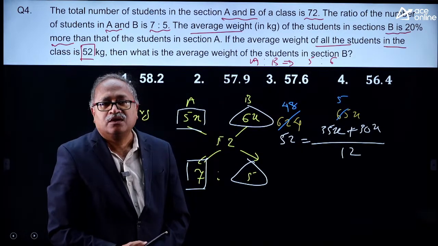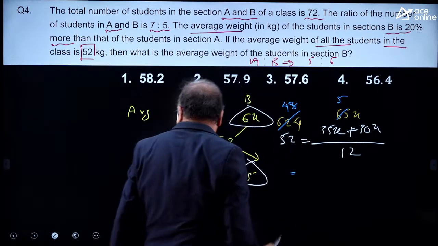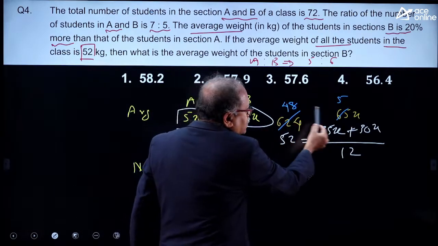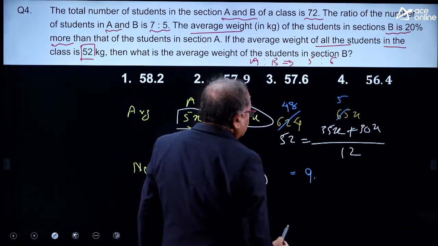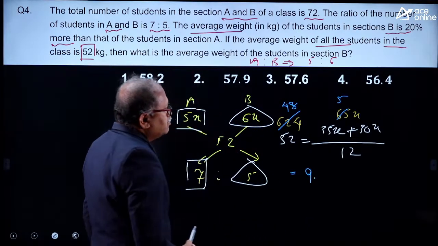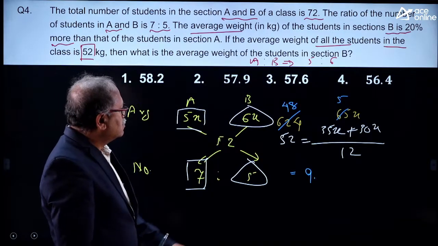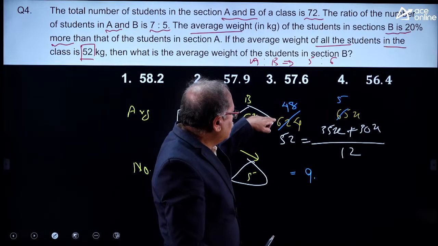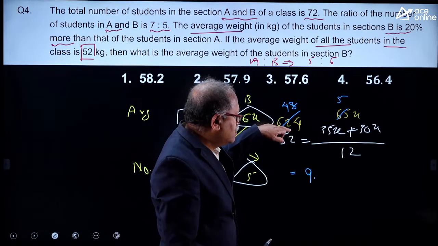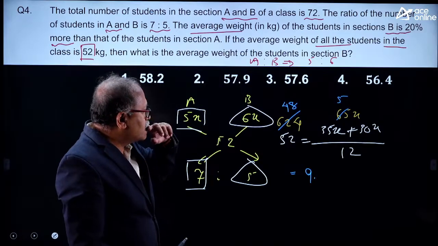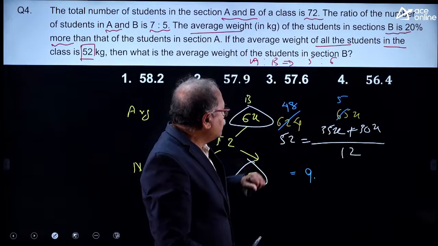So, 9.6. So my answer should be that divided by 5 over here. 9.6, 48, when I multiply this, I am getting 625, okay, this is 65x and 624.